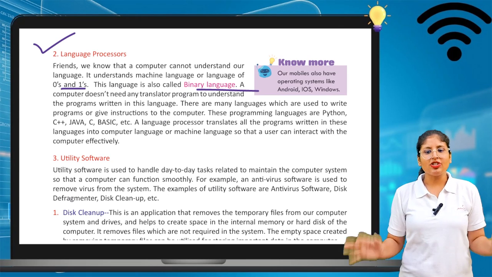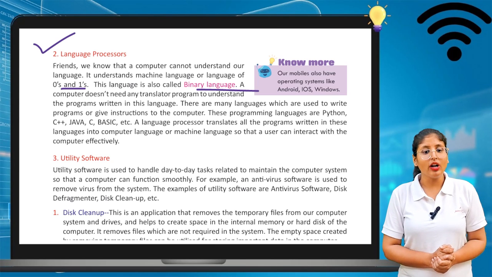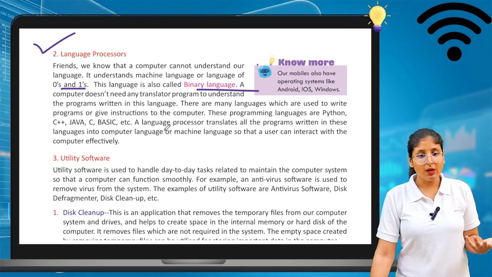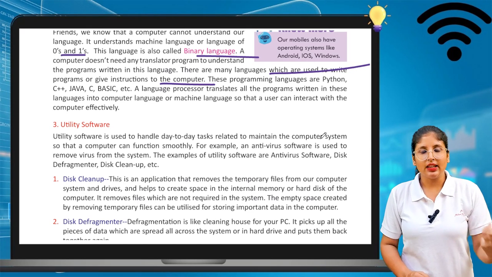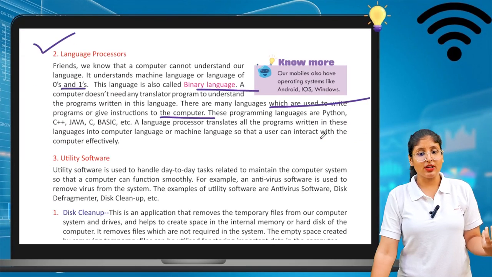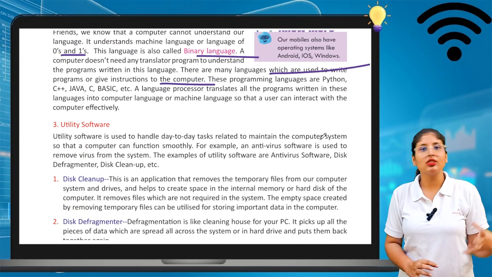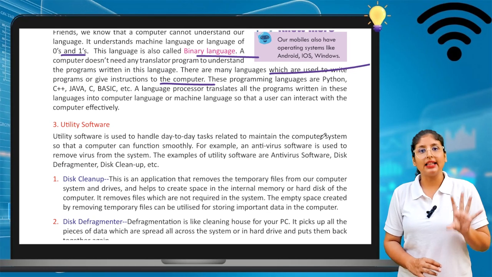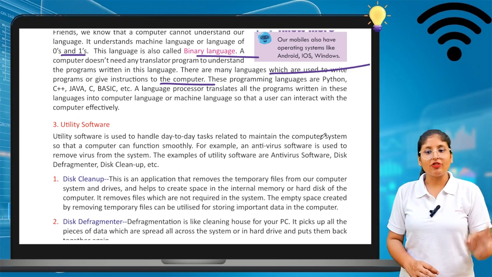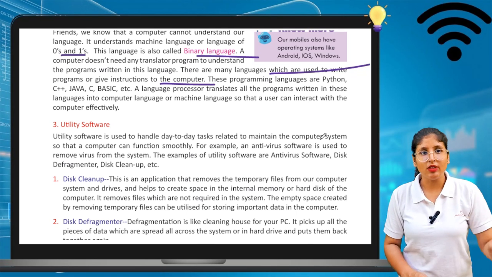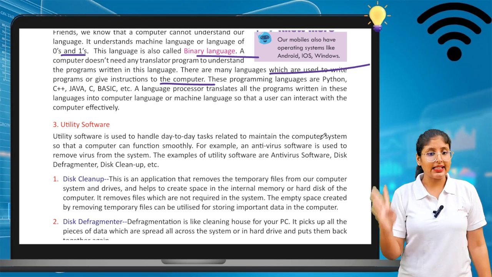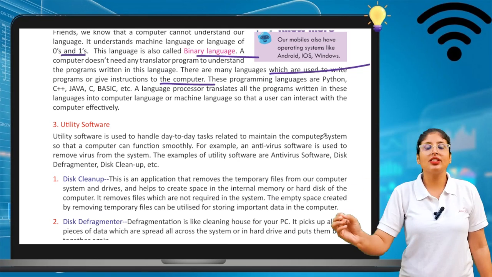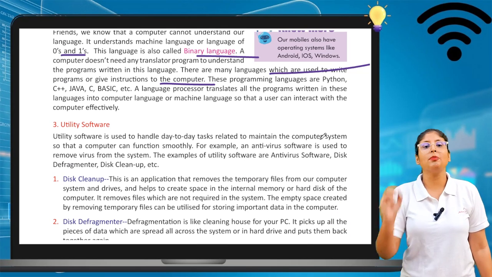There are many languages which are used to write programs or give instructions to the computer. These are the programming languages of the computer, like Python, C++, Java, BASIC, etc. And we already know the computer's own language is binary.